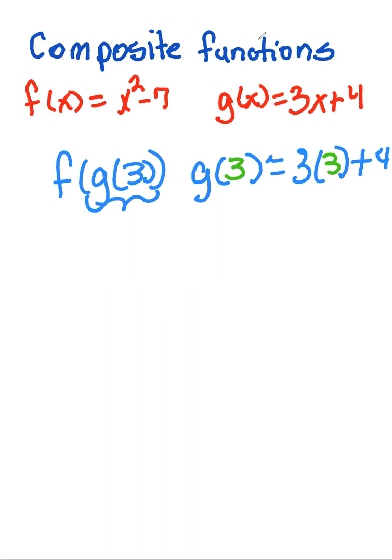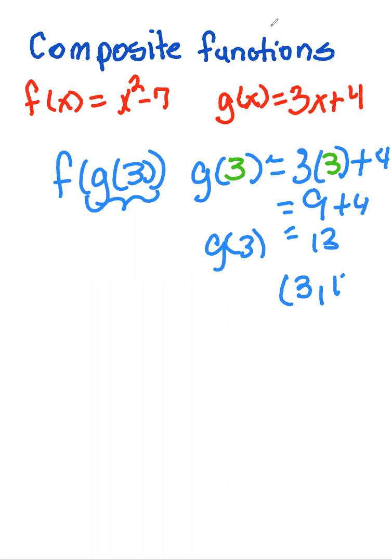Now I'm going to evaluate that. 3 times 3 is 9, plus 4, gives me 13. So g of 3 is 13, or in other words, the point (3, 13) will appear on my graph. That does the inside part of the function.